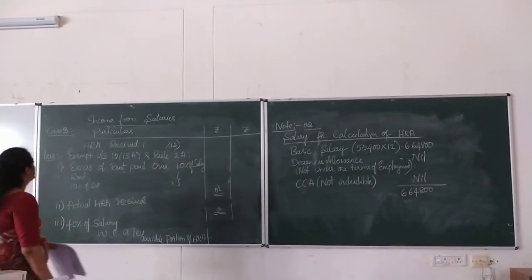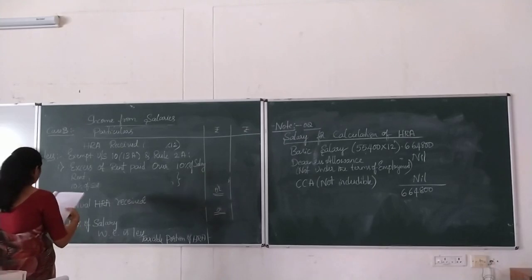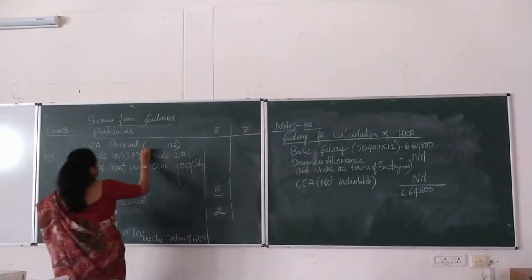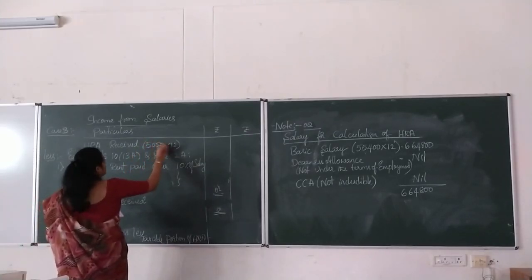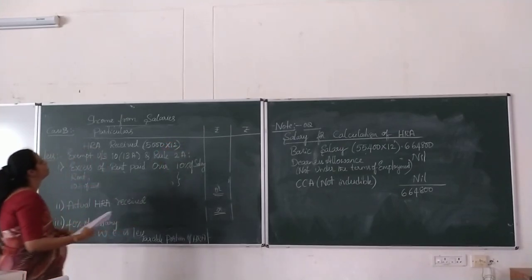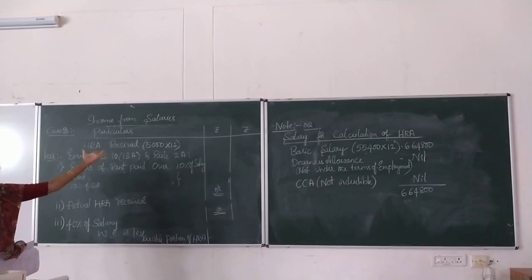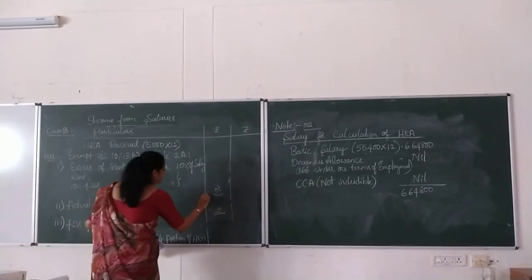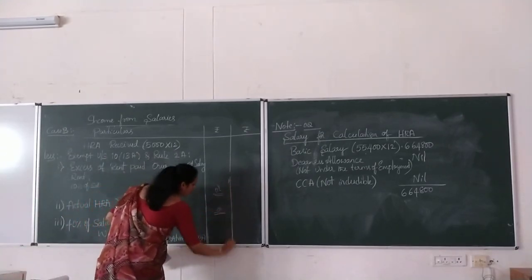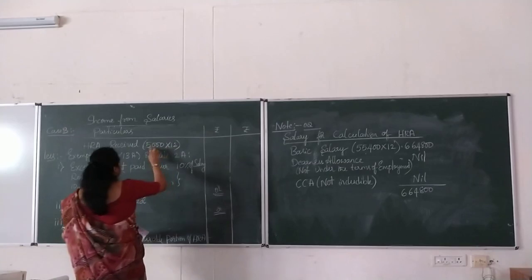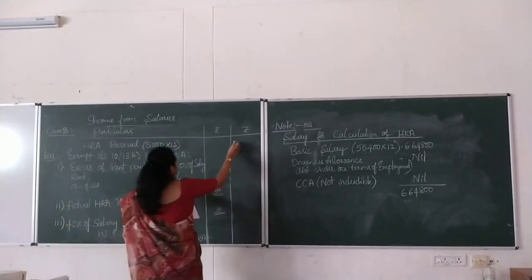Then what is HRA received in this case? 5,000. You need to make the next particulars amount. 5,000 into 12 is 60,000.